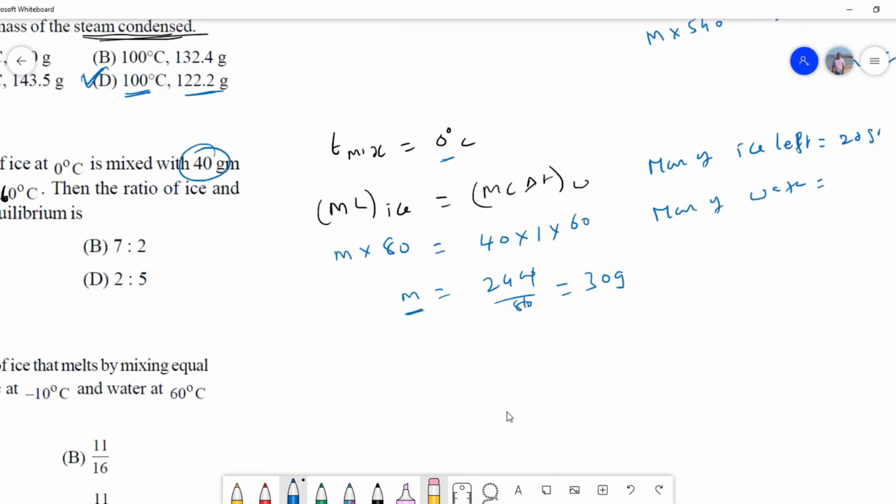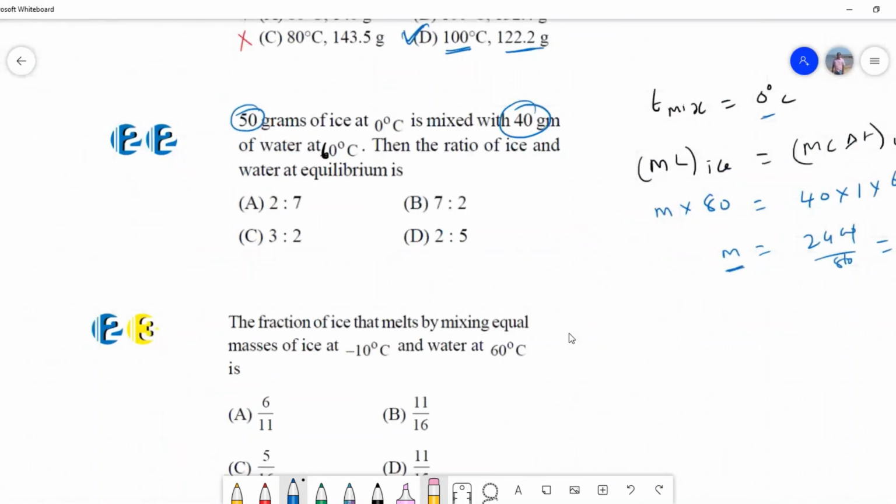Initially 40 grams is there, 30 grams of ice melted to water, so totally 70 grams. Therefore, mass of ice to mass of water is 20 to 70, nothing but 2 to 7. So the answer for this problem is option number A.